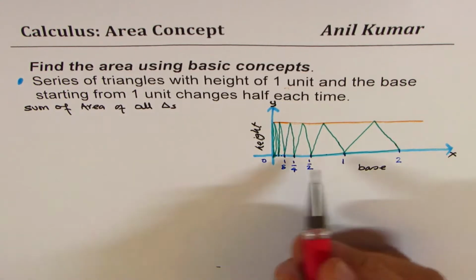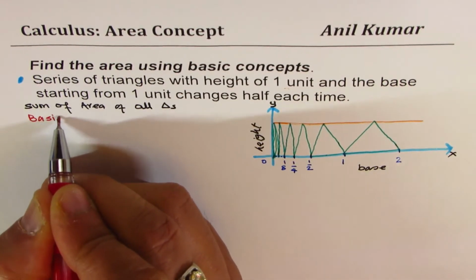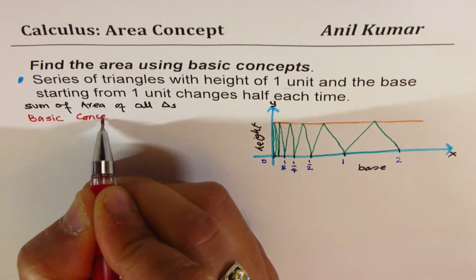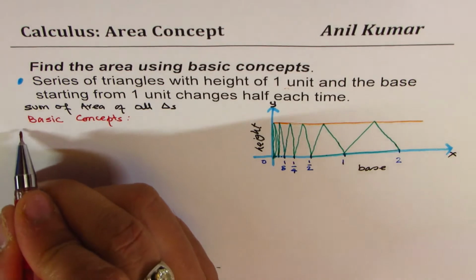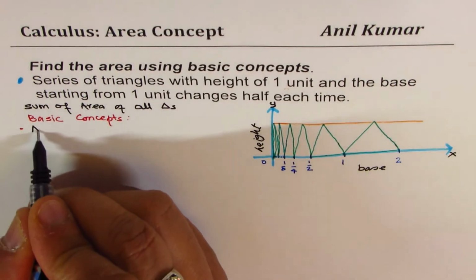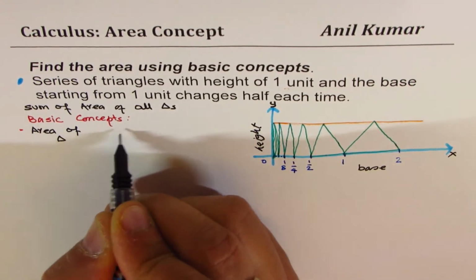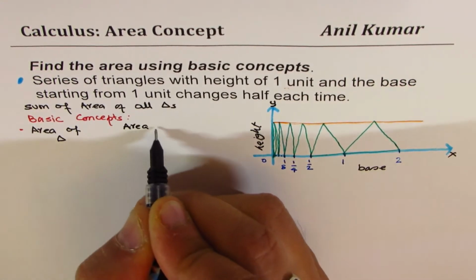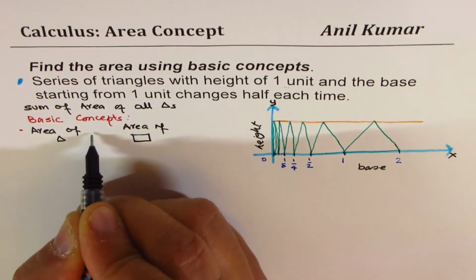Now let us see how to solve such a question from basic concepts, which I'll teach you now. Basic concepts, that means all concepts which you know about. We'll begin with the relation between area of triangle with area of rectangle, right? How are they related?